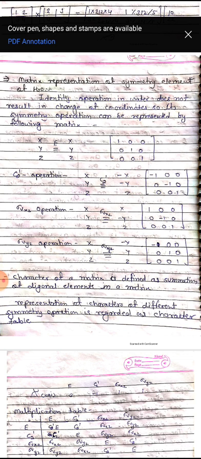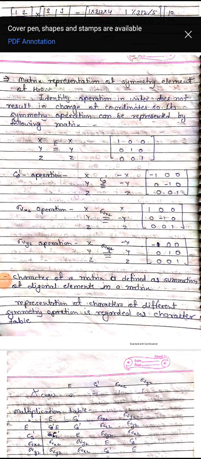X is minus X, and Y, minus 1 in the middle diagonal element because Y is now minus Y. There is no change in Z, therefore it is 1 only.